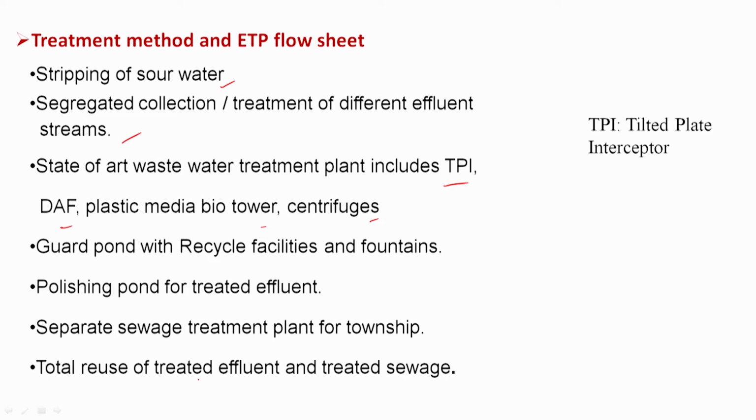Total use of treated effluent and treated sewage is necessary. So, the ZLD concept is being implemented gradually from grossly polluting industries. Complete recycling of waste streams is another aspect which industry should consider seriously nowadays.